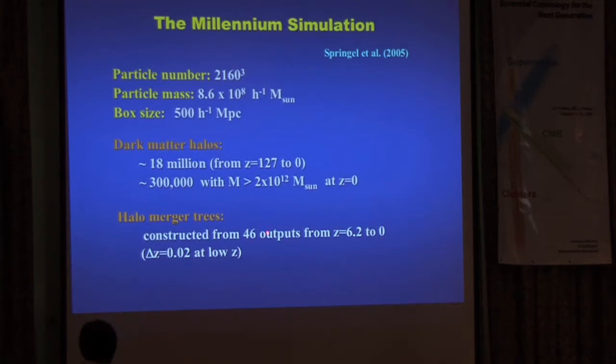There are 46 outputs available for the halo catalog from redshift 6.2 to 0. At the lowest redshift, the spacing is quite nice. The delta z between outputs is about 0.02, which gives us good enough time resolution to track the growth of halos.